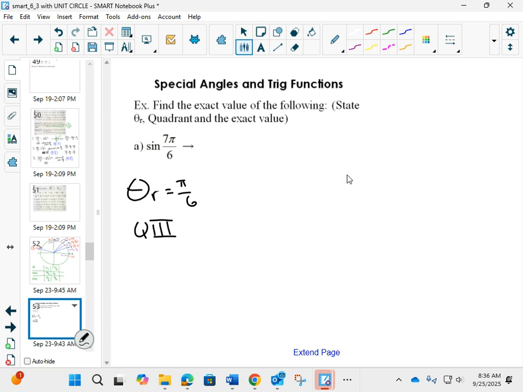So since I know that sine of pi over 6 is a half, sine of 7 pi over 6 also has to be a half, but because it's in quadrant 3, sine is negative in quadrant 3, it would be negative a half. So we know quadrant 1 really, really well, and that serves us to be able to figure out the other ones really well.